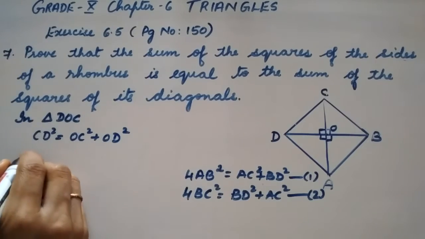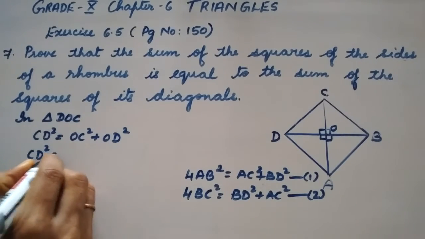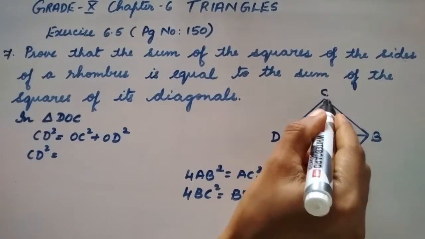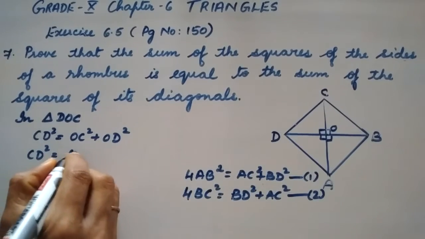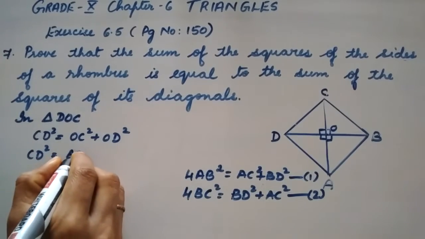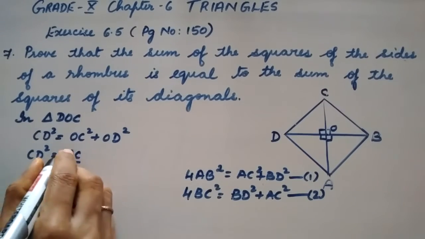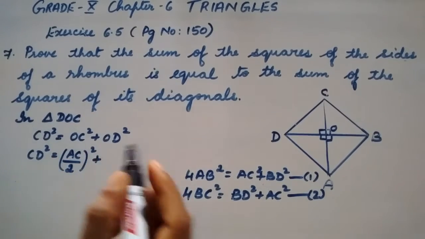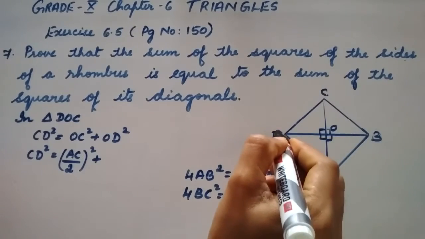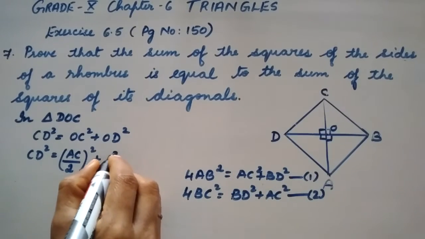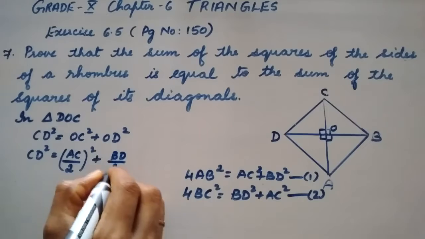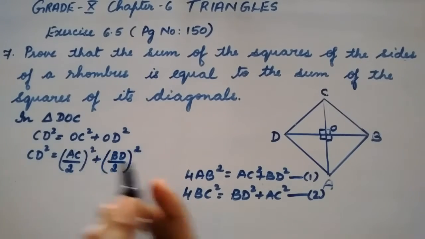OC is half of AC, so AC by 2 to the whole square, plus OD is half of BD, so BD by 2 to the whole square.